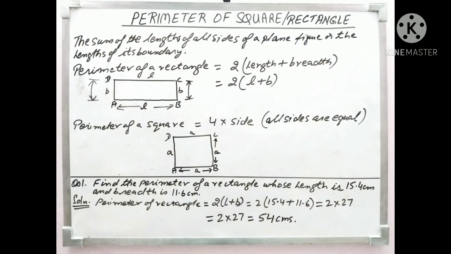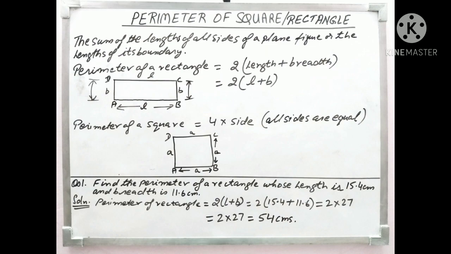Given that breadth of the rectangle is equal to 11.6 centimeters, therefore we will write perimeter of the rectangle as twice (L plus B), which will give us twice of (15.4 plus 11.6), which comes out to be 27. So we will multiply 2 into 27 and we get the final answer as 54. So the perimeter of the given rectangle is 54 centimeters.